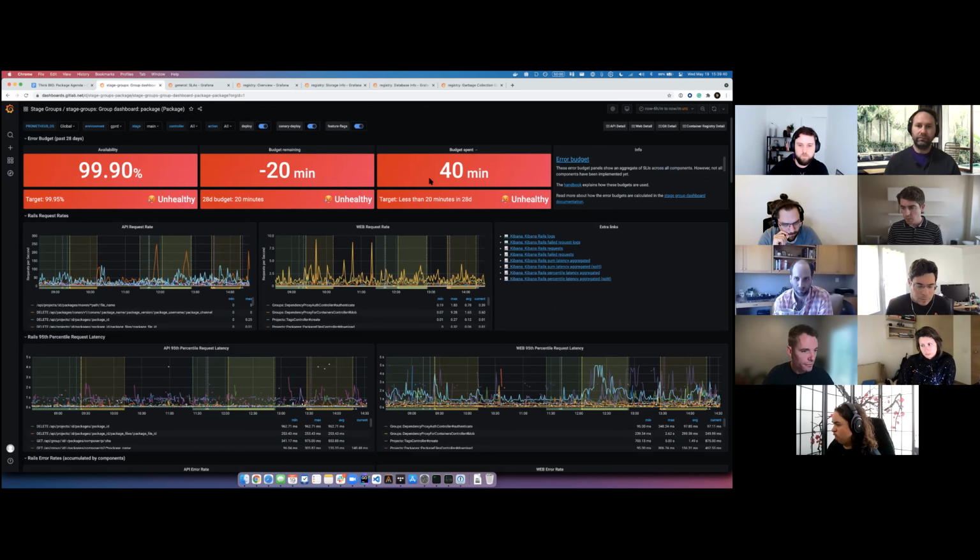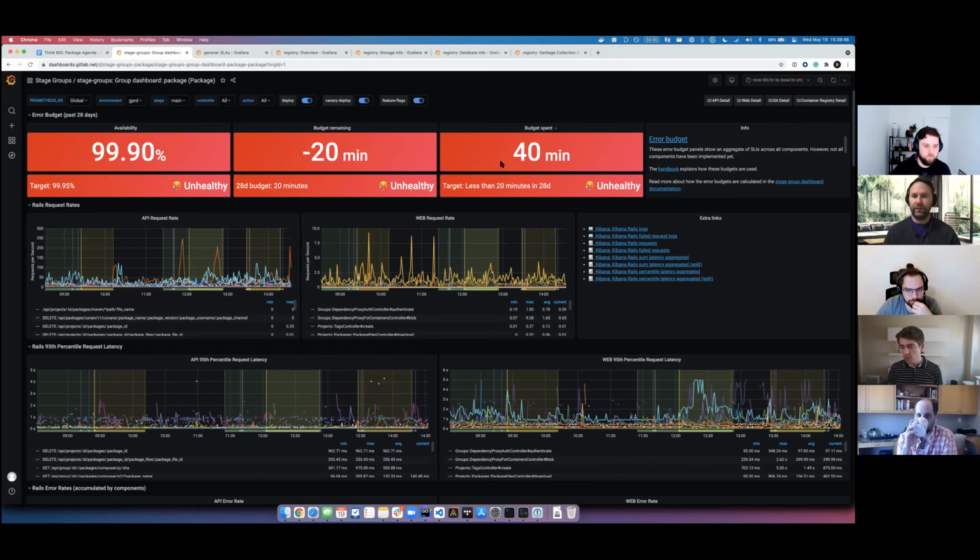So the Apdex gives you an idea of how fast your requests are being served, and the error rate gives you an idea of how many errors your API, your service, is returning, basically the percentage of errors when serving all requests.